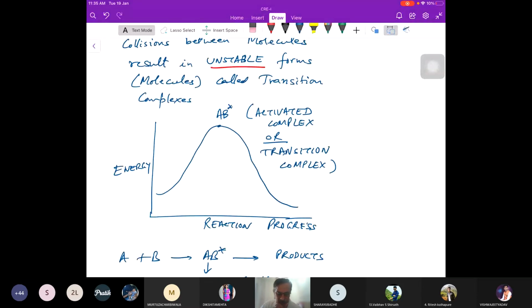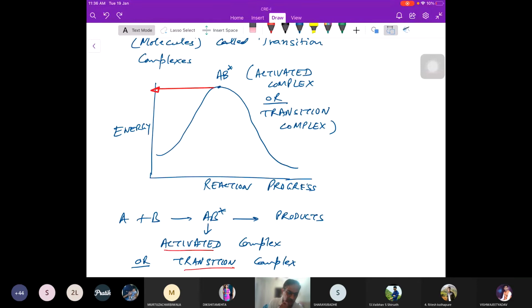Right. So if you plot energy versus reaction progress, you'll see that at some point, which is very high energy, we're talking about high energy here, यहाँ पर एक what you call transition complex or activated complex बनता है, which is represented as AB star, because if you are looking at A plus B gives AB gives products. If you look at reaction, this one reaction, A plus B gives products.